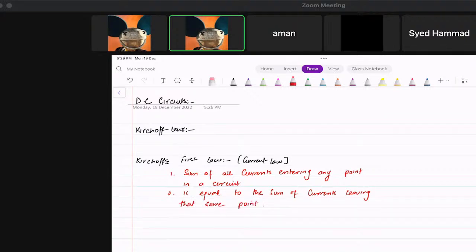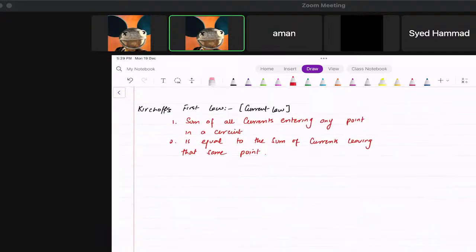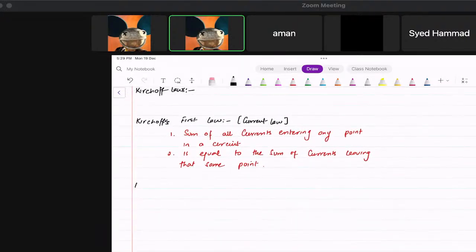What I mean by this is, for example, there is a point where a couple of wires are attached.